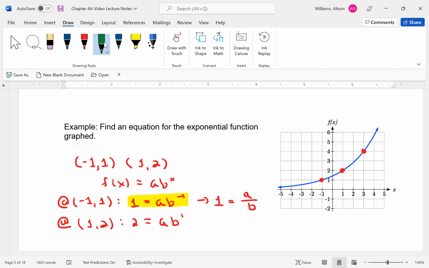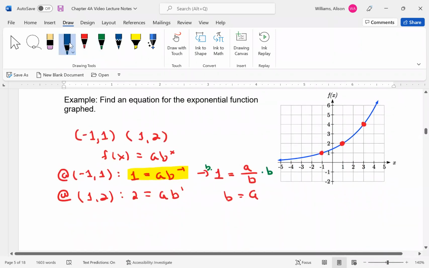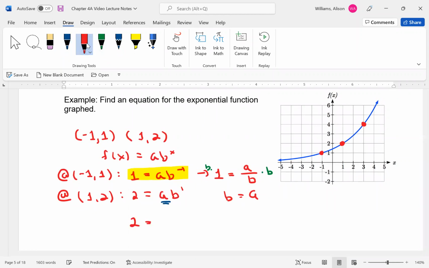And if I multiply both sides by b, I get a equals b. Well, that's kind of nice. So let's plug that in for a in this equation. That gives me 2 times b, or b squared, equals 2.